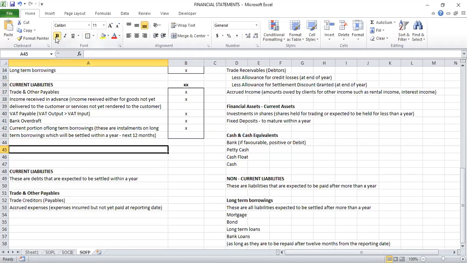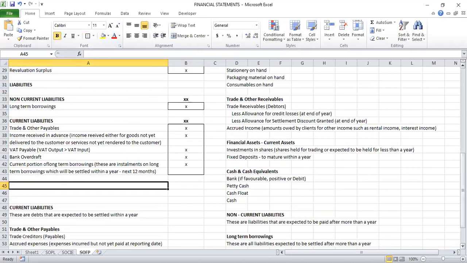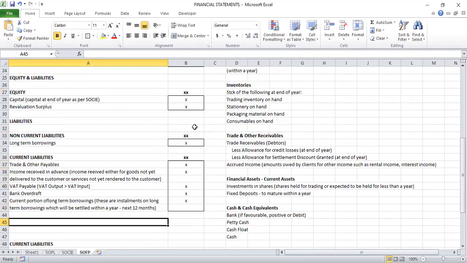Then we add up our equity plus these liabilities, current and non-current. We get what we call our total equity and liabilities.